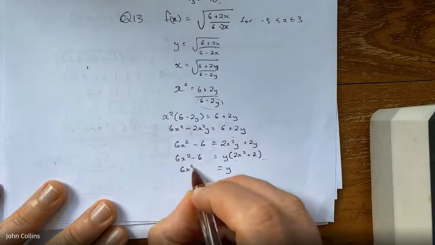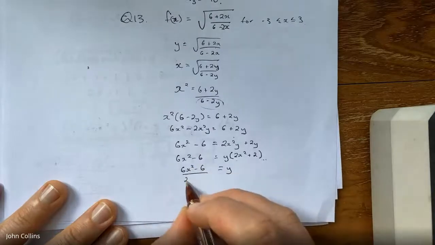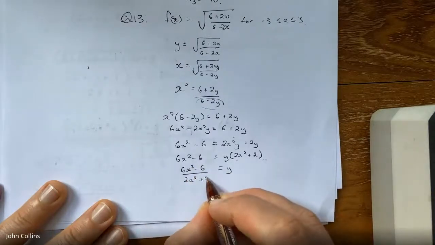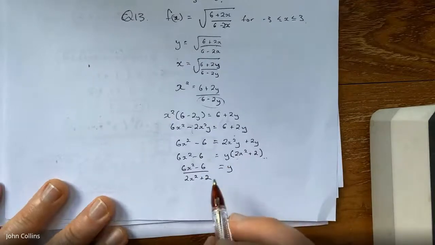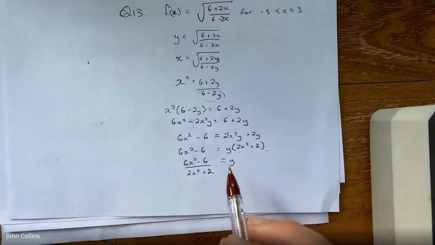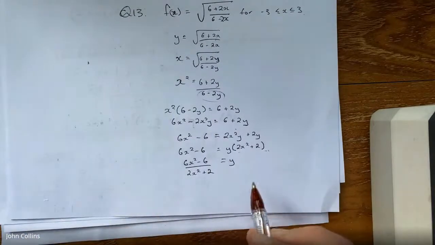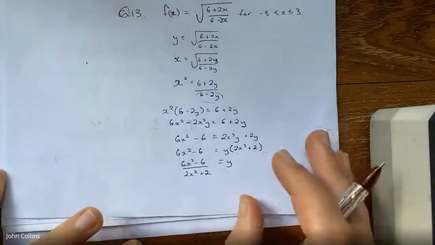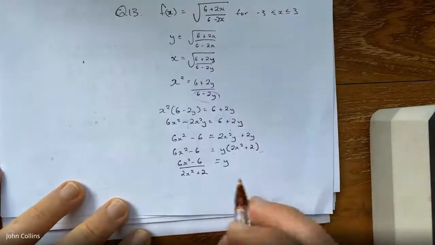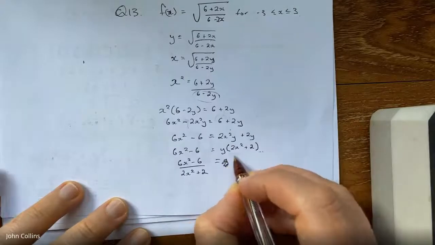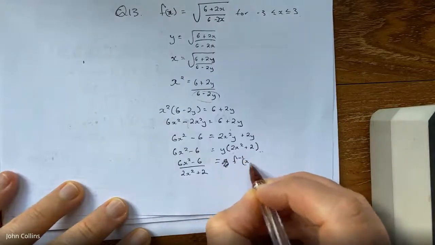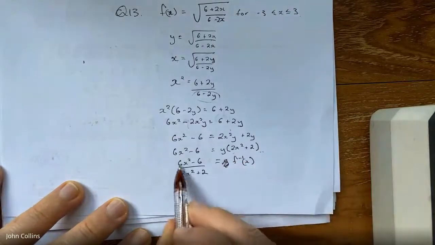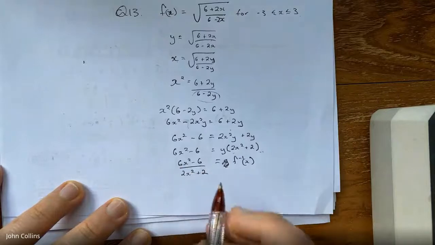So I get 6x squared minus 6 all over 2x squared plus 2. And then I have y on its own, and it's now the inverse. So that's the inverse. I would call it f inverse x. Oh, I can actually divide all this by a common factor to make it even tidier.